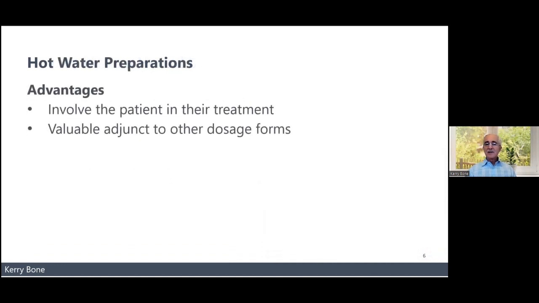So what are the advantages of hot water preparations? Well, they involve the patient in their treatment. You know, they have to go and actively make their medicine. And that can be a good thing and an empowering thing. And they're often a valuable adjunct to other dosage forms. I was taught they're particularly good for skin disorders and for urinary tract problems.